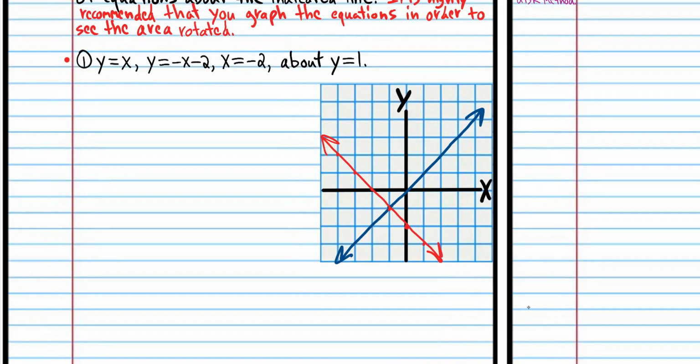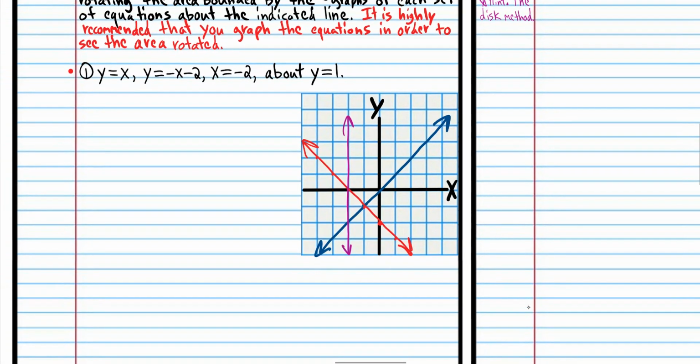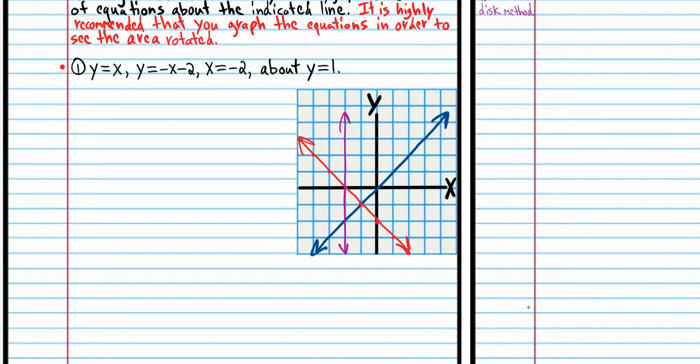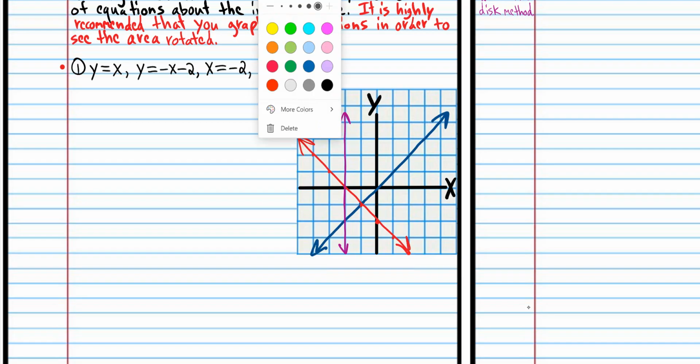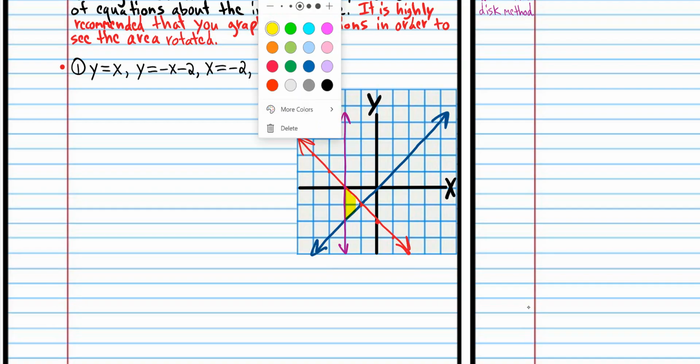Okay, so now x equals -2. That's here. And x equals, well, I guess that's all we need for that. So we'll color in that enclosed region.